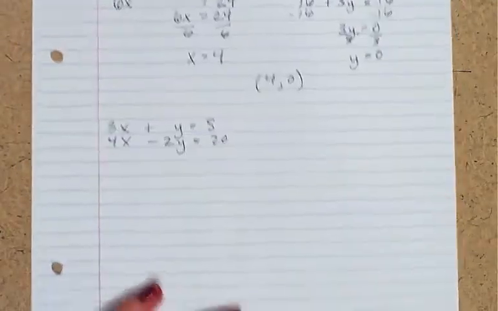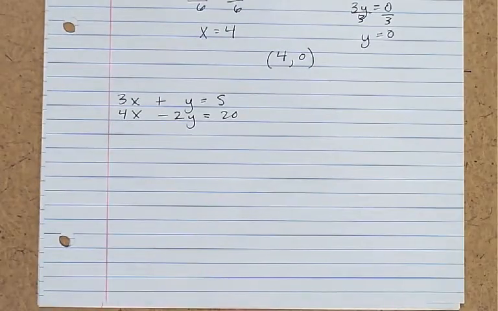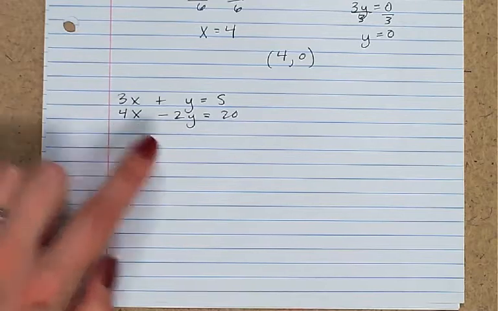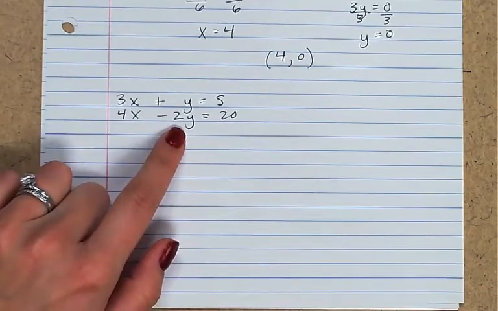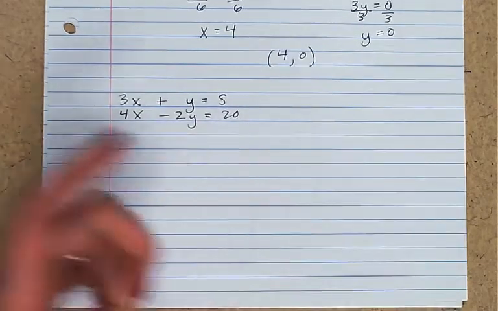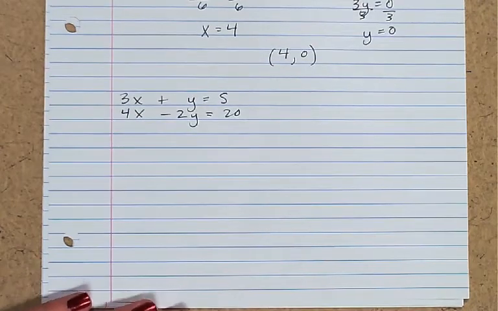Now let's look at this next one. If we add these equations exactly the way they look right now, would anything cancel out? The answer to this one is no, because if we add, this will be 7x, y minus 2y is negative y, and then we'll end up with 25. None of the variables are going to cancel out.